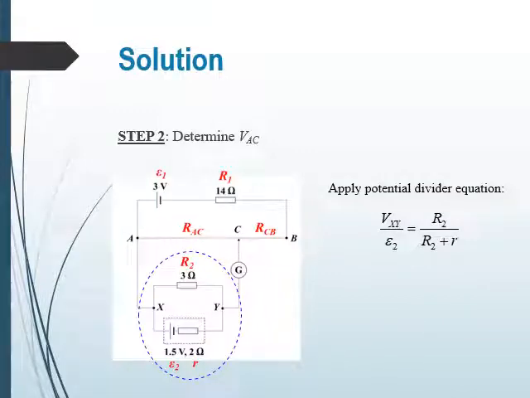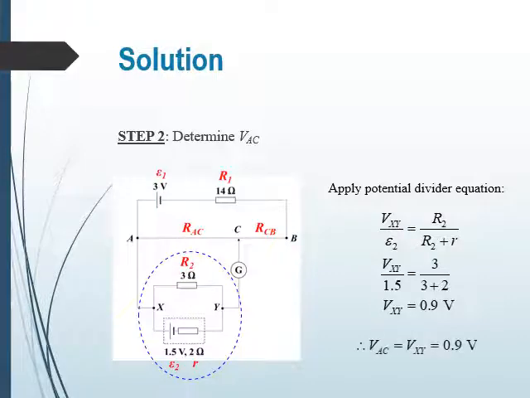So substitute the values into the equation. We will then obtain Vxy equals 0.9 volt. So VAC equals Vxy, thus VAC is also 0.9 volt.